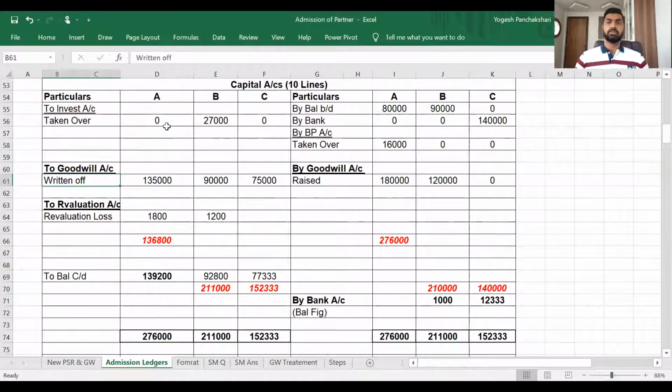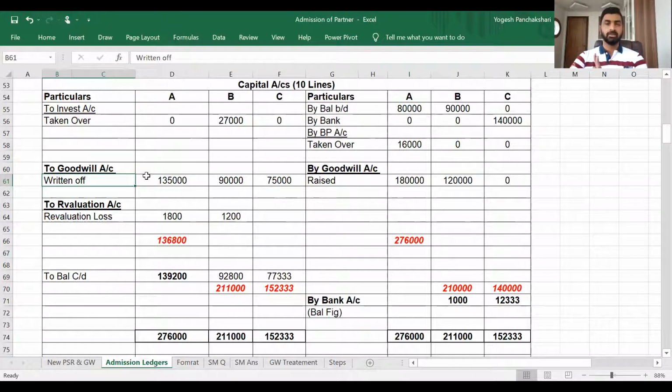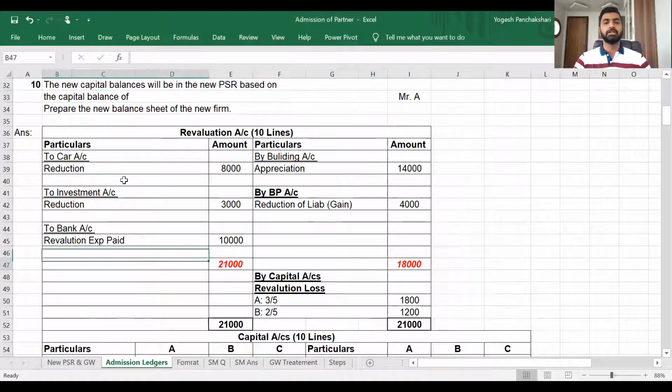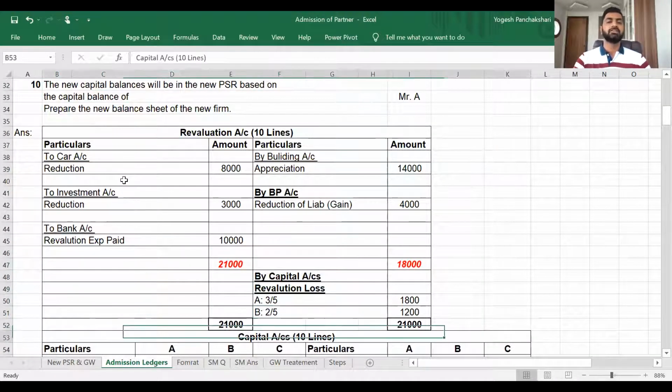So what is the effect of raise and write off? The amount of 75,000 is removed from C's account and given to A and B in their sacrifice ratio. So it is automatically done. You don't need to worry about it. Simply raise the goodwill in old ratio, write it off in new ratio. You got the perfect effect. Then transfer revaluation profit or loss to old partners in old ratio, that is A and B will suffer this loss.